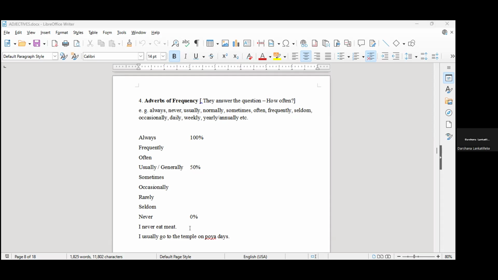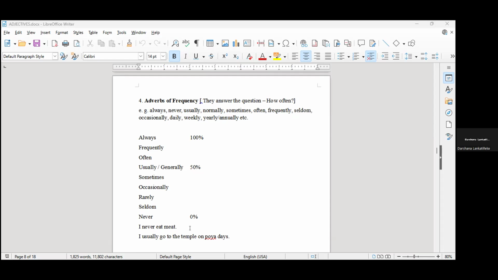Always means all the time. Usually or generally or normally, that is 50%. At the bottom you can see 0%. 0% means never. The opposite of always is never.